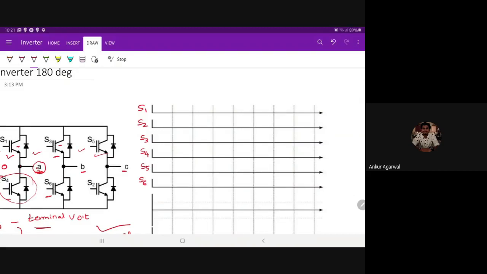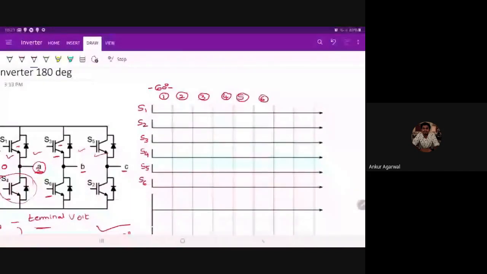I assume these are some lines, where each interval is 60 degrees. I assume these are modes 1, 2, 3, 4, 5, and 6.